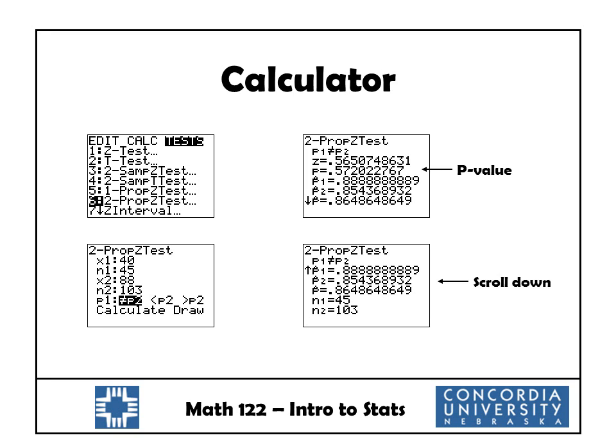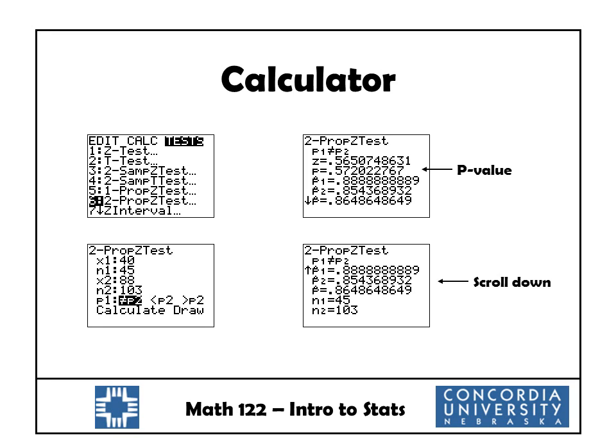We'll do calculate, and when we do that we get a window that looks like this in the upper right hand corner. Notice this says 2-PropZTest at the top. Below that we have the form of our alternative hypothesis, P1 is not equal to P2. Right below that we have z equals 0.56, that is our test statistic. Below that we have our p-value of 0.57.